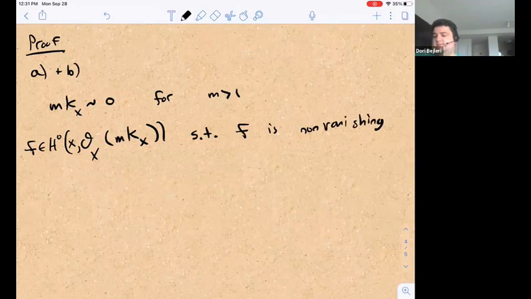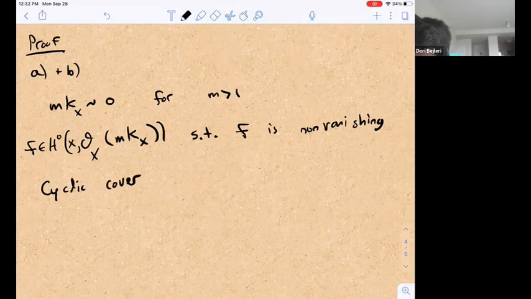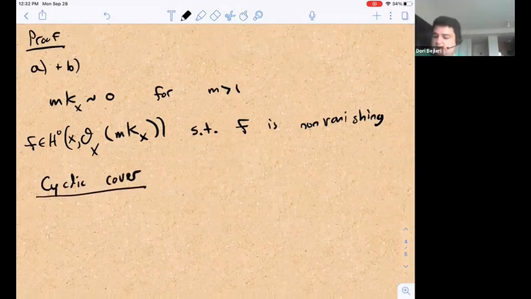That's an equivalent way to say that mKX is the trivial divisor. It has some non-vanishing section. And so using this non-vanishing section, we'll construct what's called the cyclic cover. And the cyclic cover trick is quite powerful. So the cyclic cover, kind of the cartoon picture is that you're taking y to the m equals f.